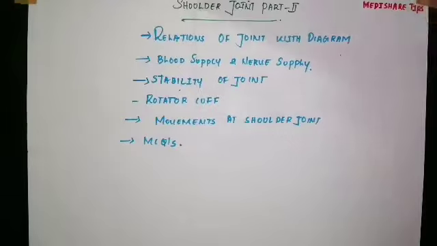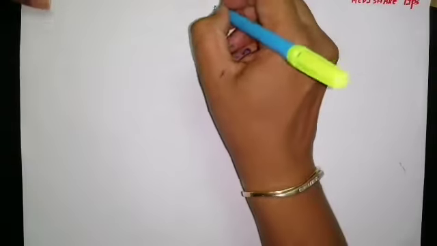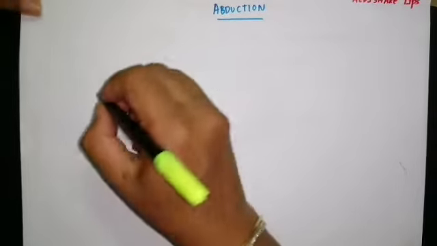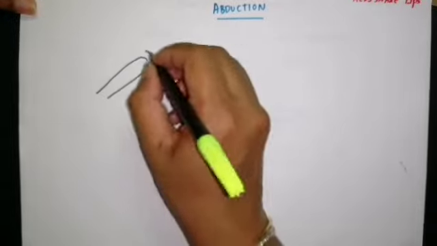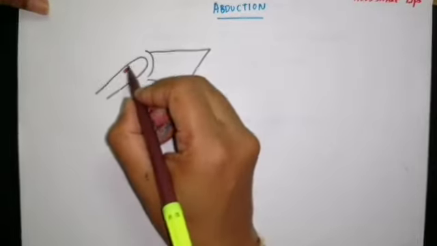Now we'll discuss abduction, which is an important one. Abduction of the shoulder joint. The initiator of abduction is a muscle which is attached to the greater tubercle and forms the superior relation of the shoulder joint.